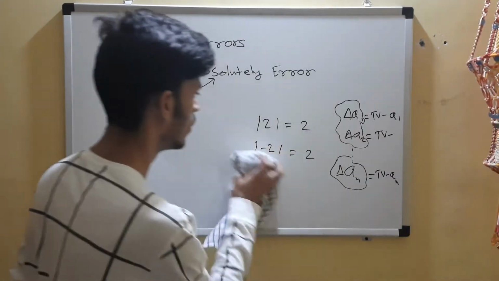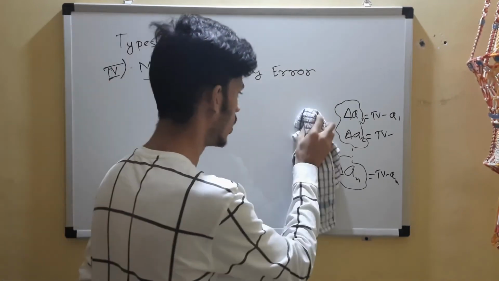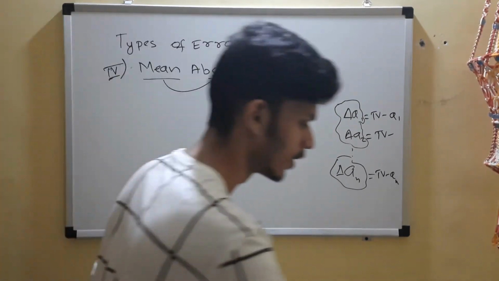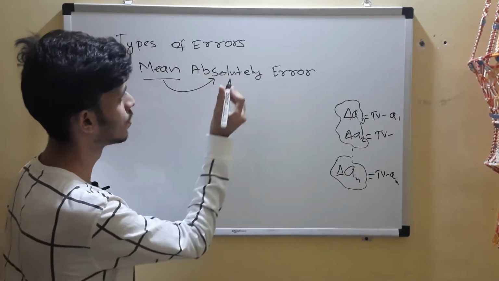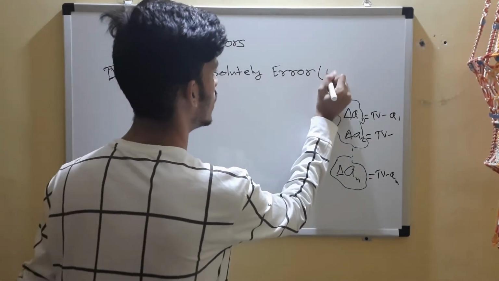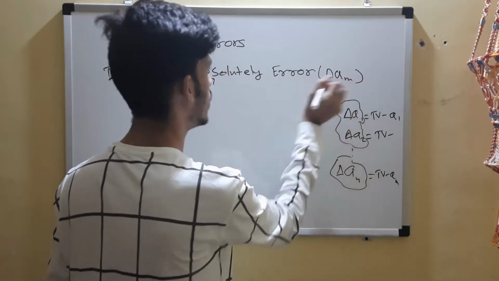So you have to take the modulus and then the mean, or the mean of modulus, whatever. It also has a symbol. We'll say it as delta A m, where m stands for mean.